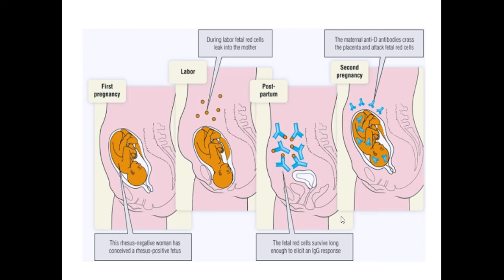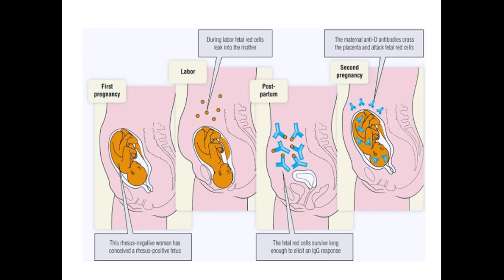So another classical example of type 2 hypersensitivity reaction is the hemolytic disease of the newborn, when an Rh negative mother carries an Rh positive baby. So during her first delivery, she will be exposed to the Rh positive red blood cells, and then she will be sensitized.